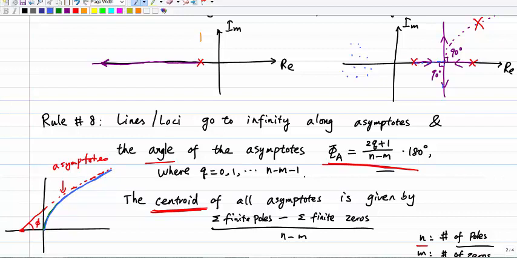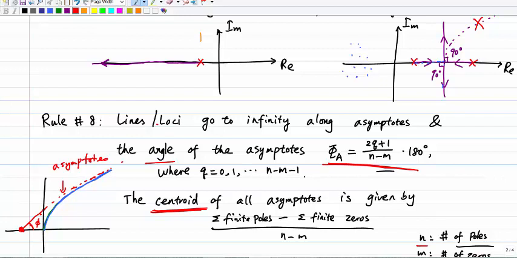This line will gradually approach some other line, and that line is called an asymptote. Eventually the blue line will have the same pattern as that line, although it doesn't share the same pattern at the very beginning. The asymptote has a point over here, and also an angle, and the point and angle determine the uniqueness of the asymptote. So I can confidently say what the angle will be, and what the root locus will look like eventually as time goes on.